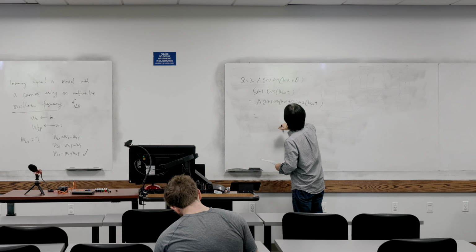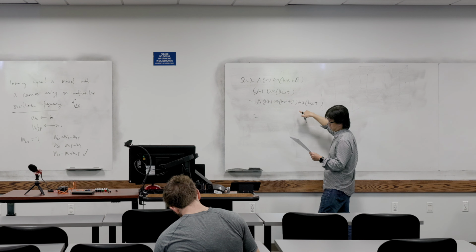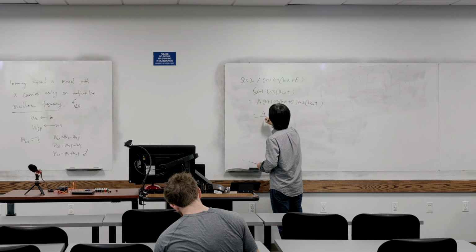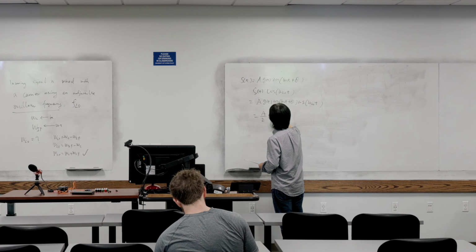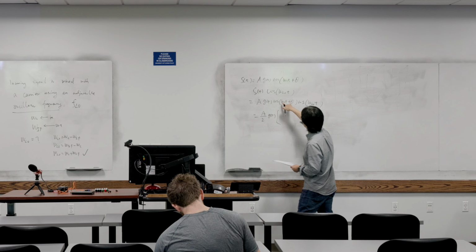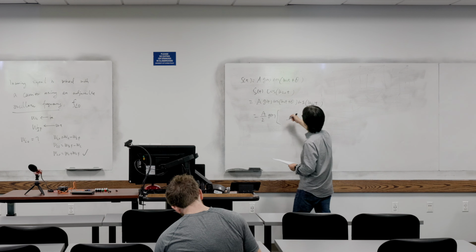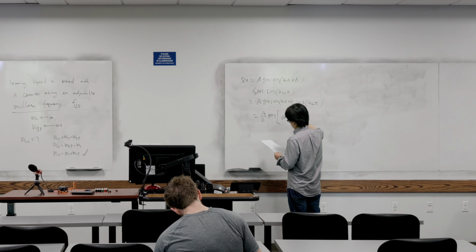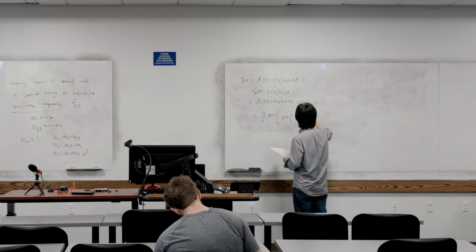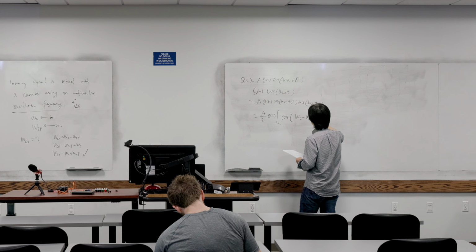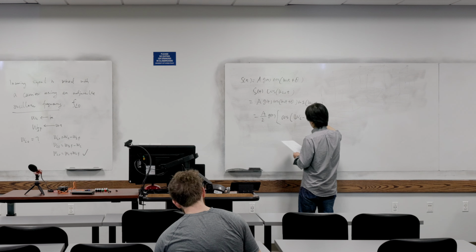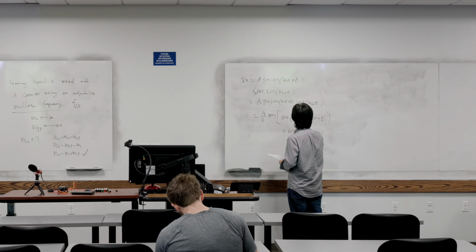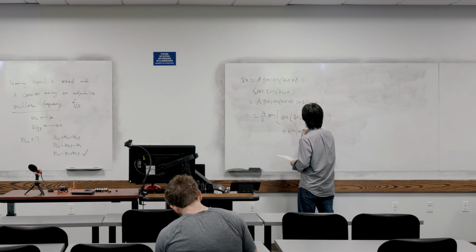Okay, and again, this is a cosine times cosine, so we have a cosine plus cosine, right? So let's use the trigonometric identity to get this. We have a cosine of this minus that, which equals omega c minus omega LO times t plus theta, and then we add this plus that.